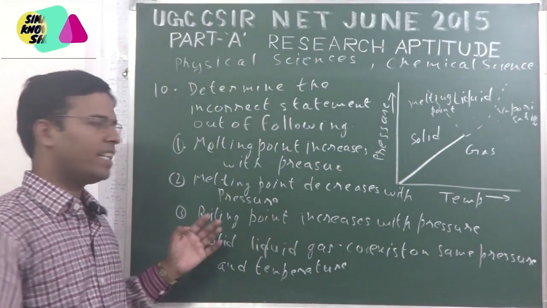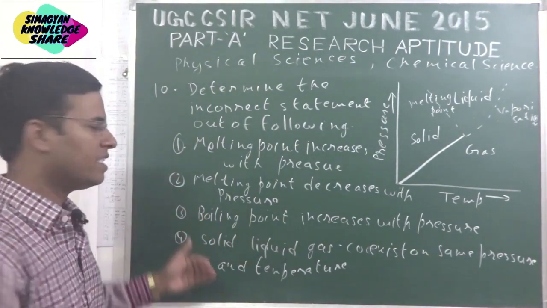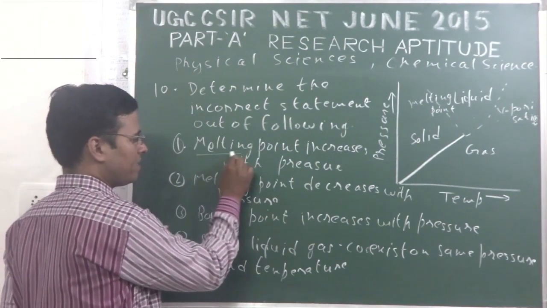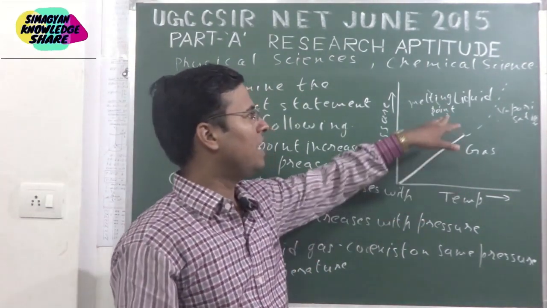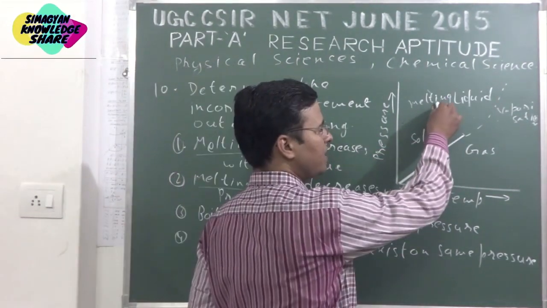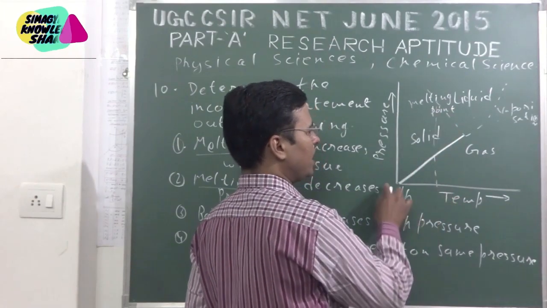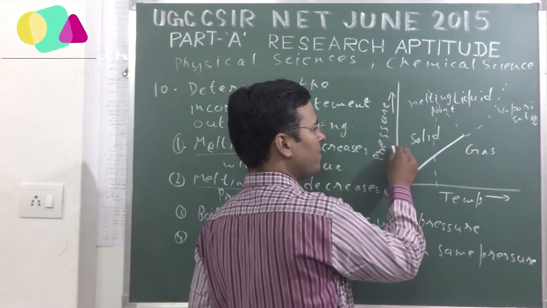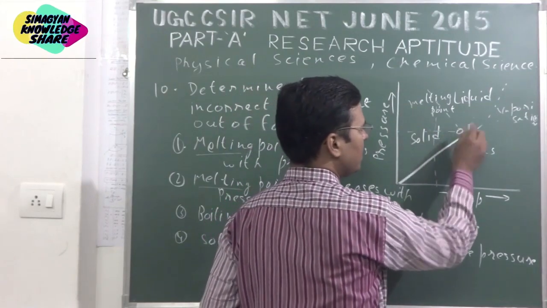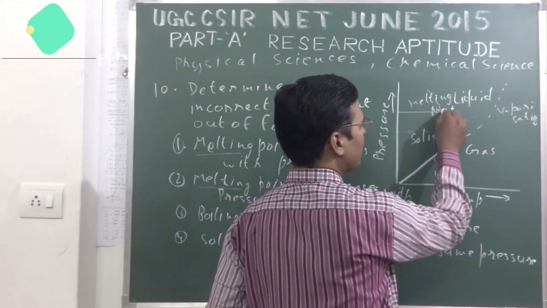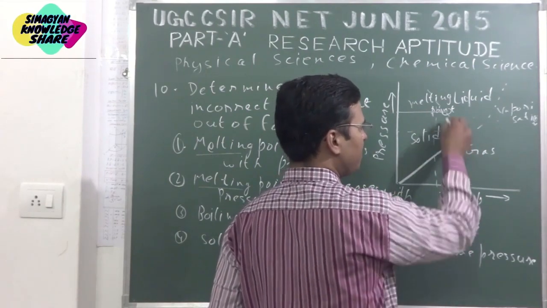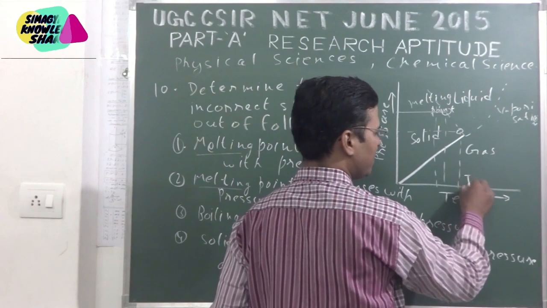So there are certain terms in the given statements. One is melting point. We see here the melting point, which is the value of temperature, would decrease with an increase in pressure. If we increase the value of pressure, then the value of temperature would decrease.